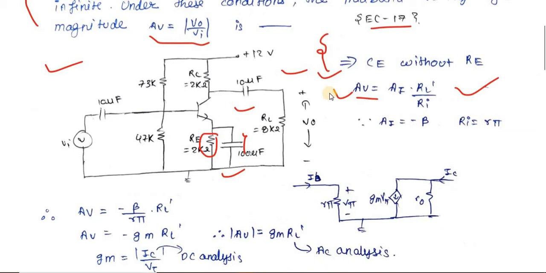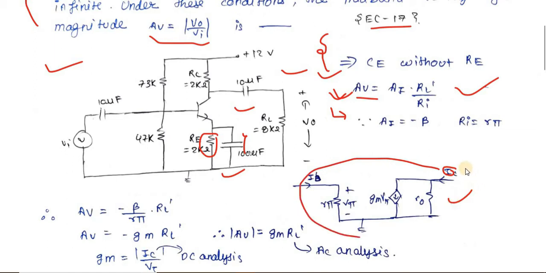We know that we have to use this formula: voltage gain is current gain multiplied by RL dash by Ri. Now we have to move on. The very first thing is that you must be aware of this AI. AI is the current gain. The current gain formula is output current upon input current. Here you can see the output current is IC. This is the RE model, I have drawn this just for your reference.